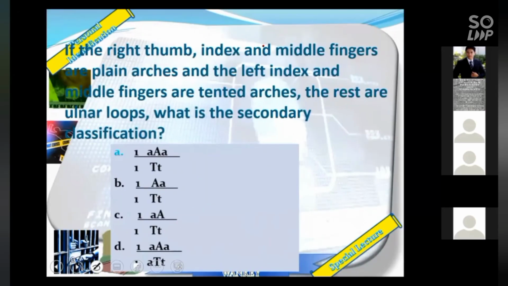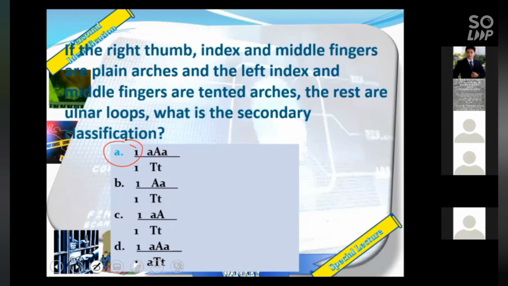If the right thumb, index, and middle fingers are plain arches, and the left index and middle fingers are tented arches, the rest are ulnar loops. What is the secondary classification? Actually, alam nyo na may sagot na rito. Okay? Tandaan nyo yan ha. A, capital letter A, small letter A, then capital letter T, small letter T.